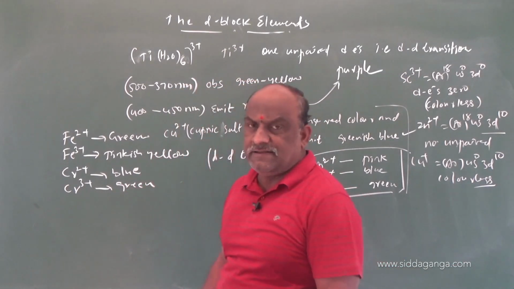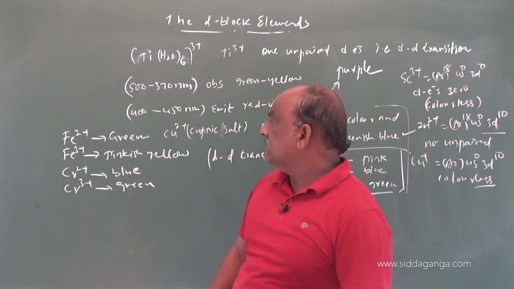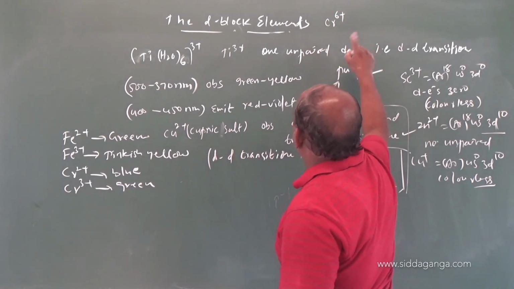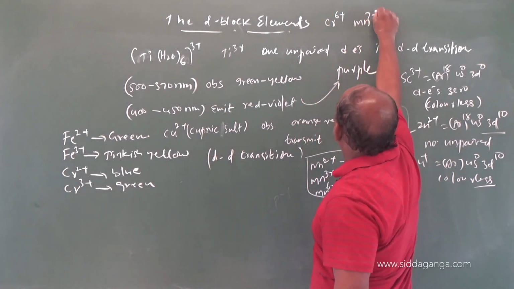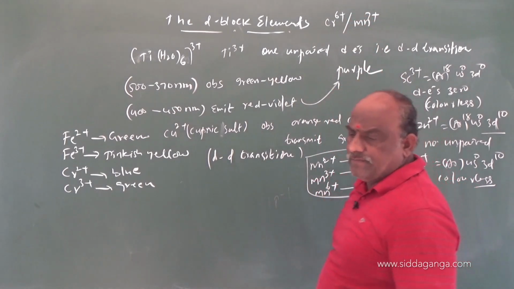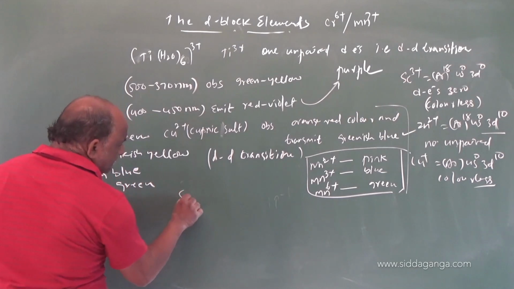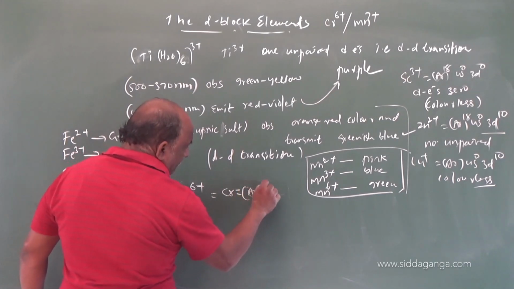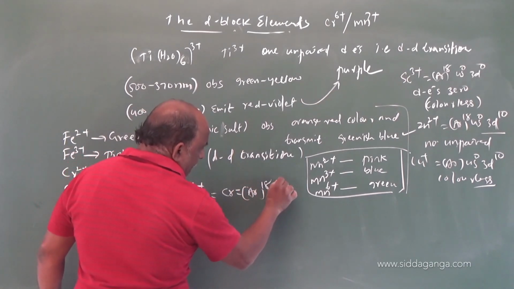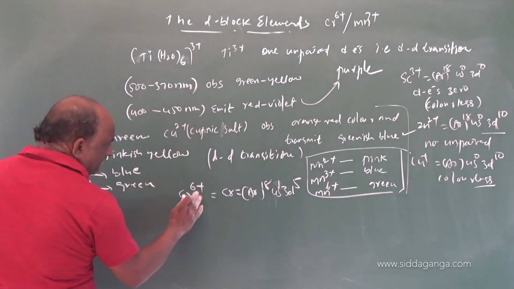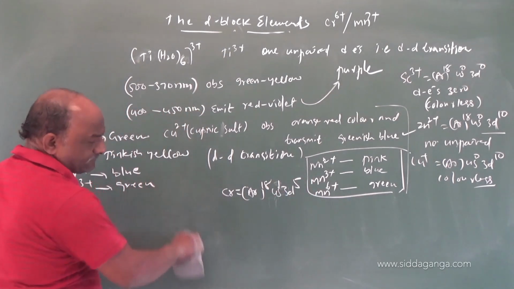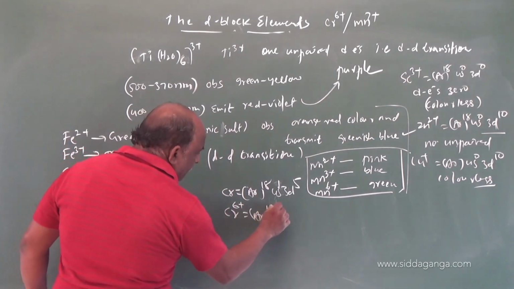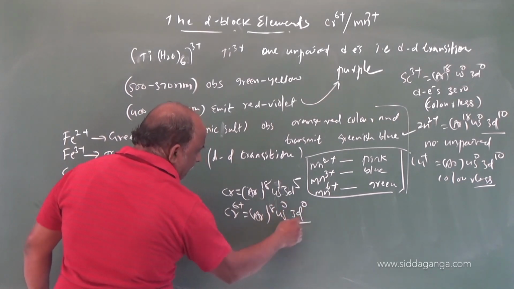And one more special category is there. This is the last point regarding this. Consider Cr6+ and Mn7+. Chromium is argon 18, 4s1, 3d5, so Cr6+ is argon 18 only, 4s0, 3d0.